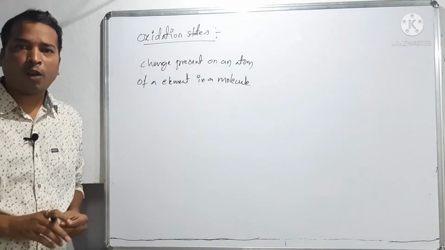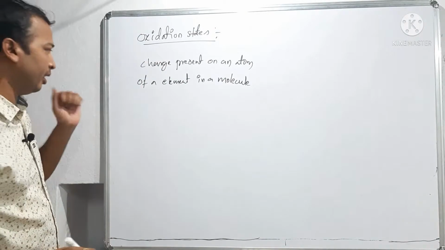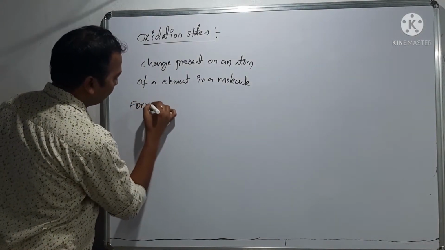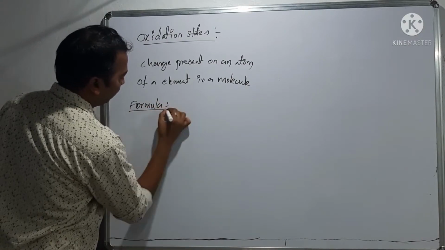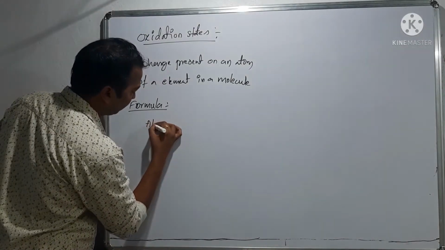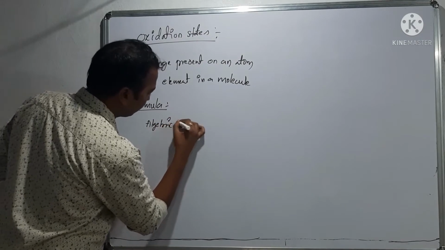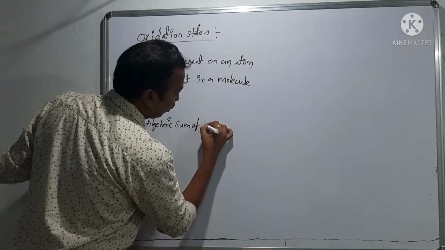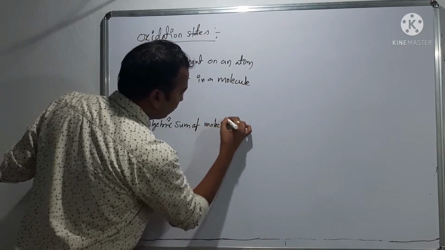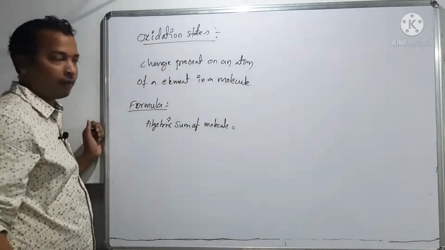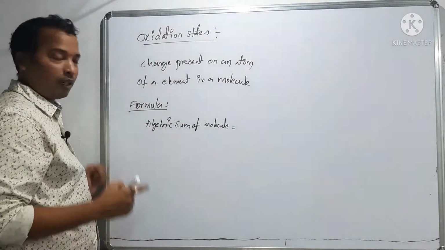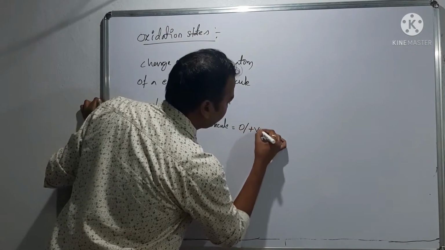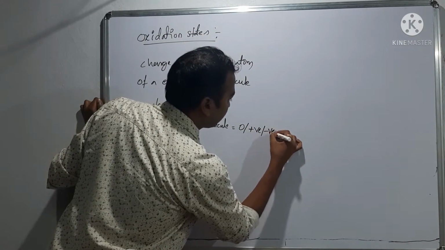So, there we have a formula to find the oxidation state. The formula is: the algebraic sum of the molecule equals 0, or a positive or negative charge.